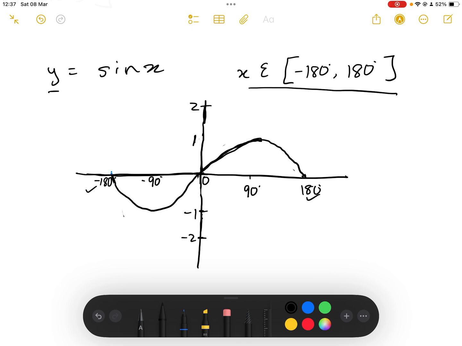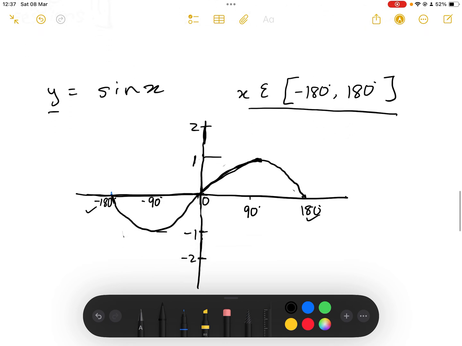You can see it's okay, fine. This is just a normal sine x where the maximum is 1 and the minimum is -1. It's the one that I drew at the beginning, but the difference with this one is that it goes from -180 to 180.